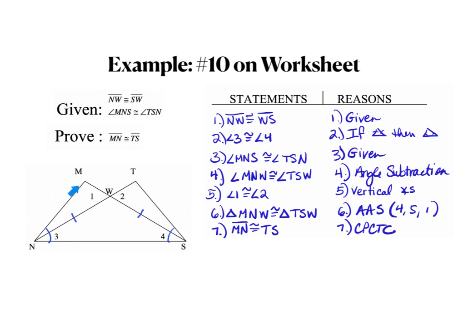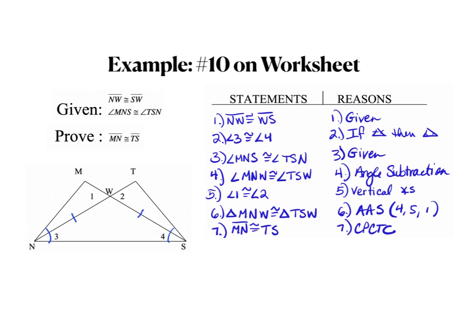It's not really possible to go with the larger triangles because I'm not given this entire segment length here. I'm not given that entire segment length there. I'm just given pieces of them. I would have to know something about these little pieces of sides there. So I'm going to work to show this triangle here is congruent to that, and then I'll be able to conclude that this side is congruent to that side through CPCTC.